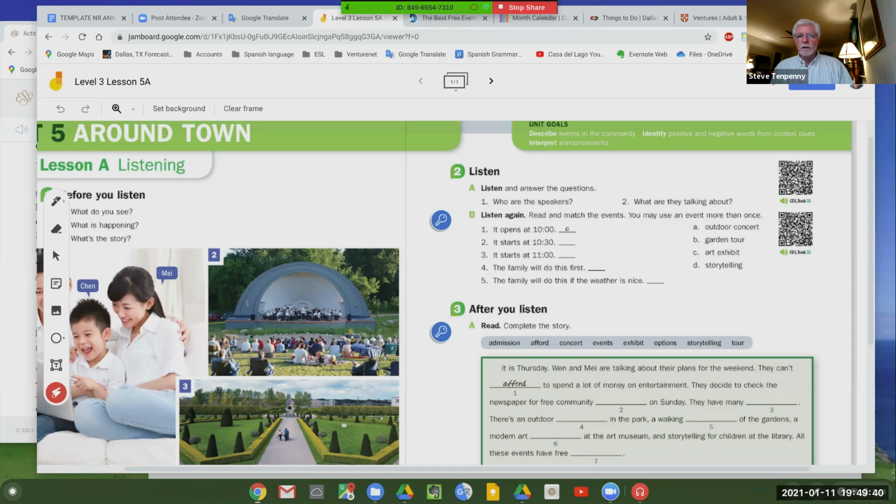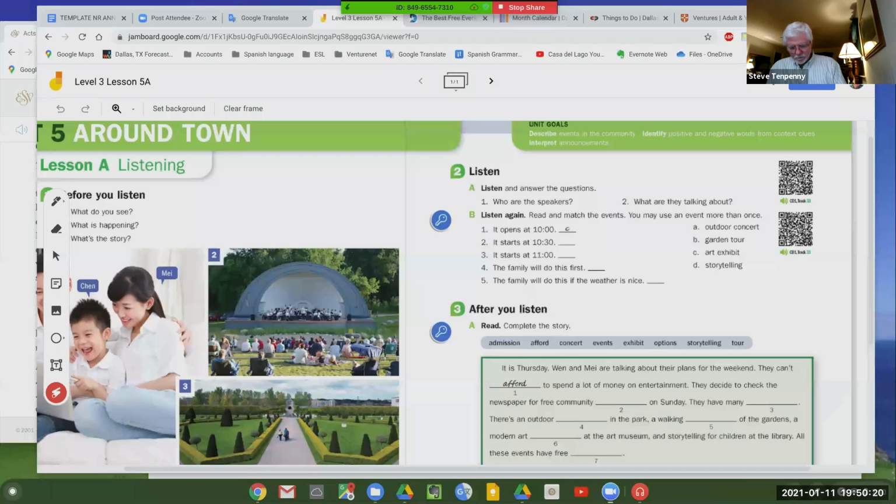Let's see, what starts at, oh, we did 11. Okay. What is the family on number 4 going to do first? Is the storytelling? Yes, I think they were going to do the storytelling first. And I think that was the event at 10:30, right?